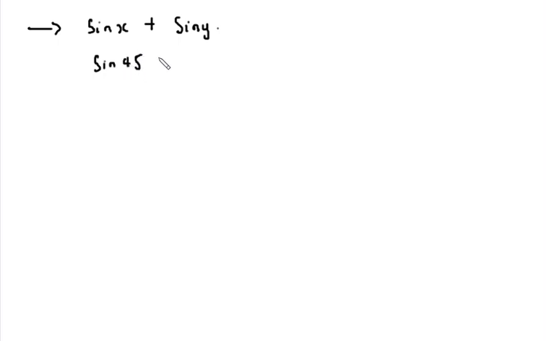Probably a special angle, it could look something like this: sine 45 plus sine 60. In this case, you are simply going to take the value of sine 45, say 1 over root 2, plus sine 60, which is root 3 over 2.